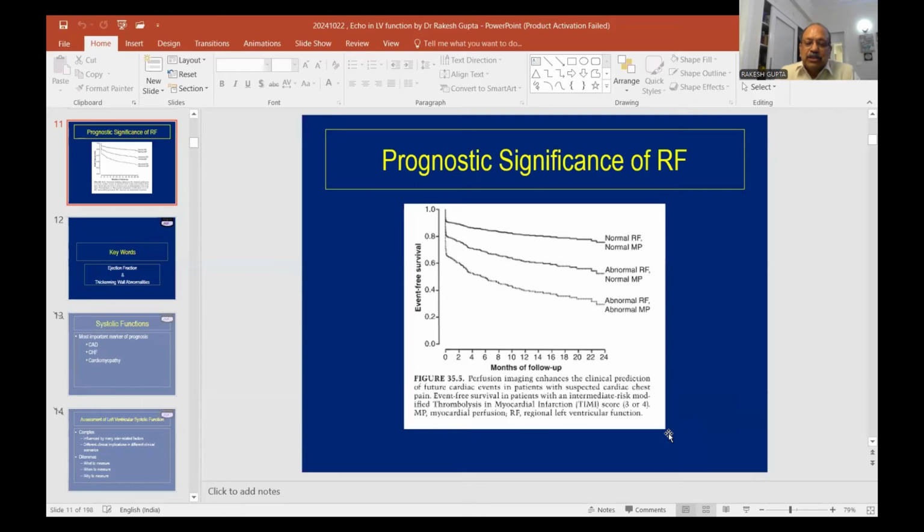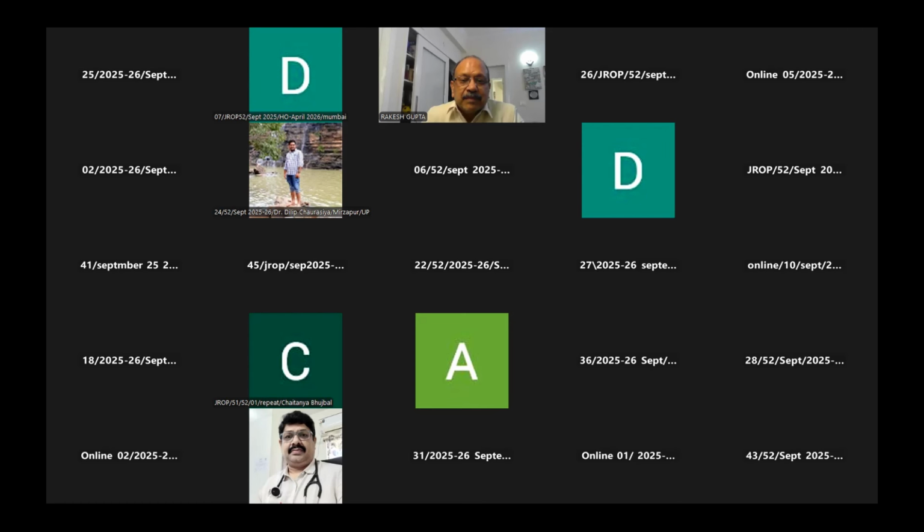Suppose my score is 1.75. It means in those 6 segments, my heart is not contracting. And this is very true when we are doing stress echocardiography. Suppose my resting score is 1 and it becomes 1.75. Then I'm very worried that this patient is not going to do well if we do not go for intervention. Yes, sir. That's how it behaves.